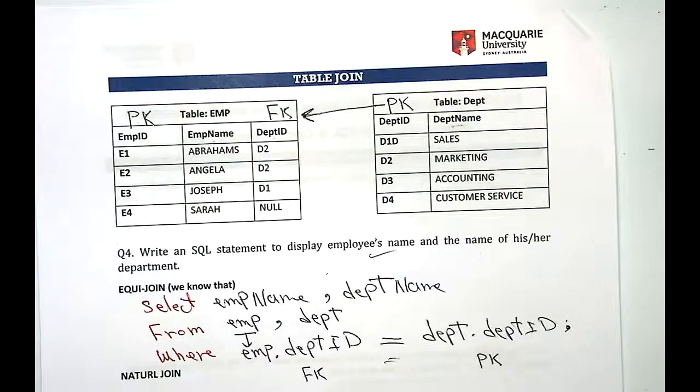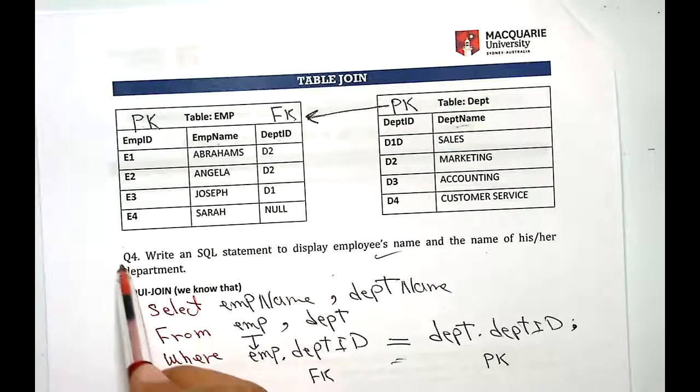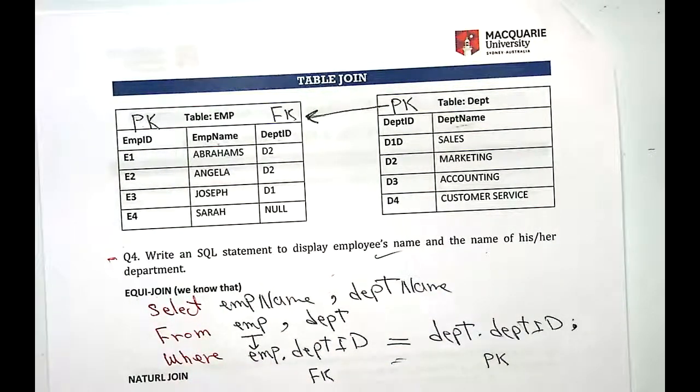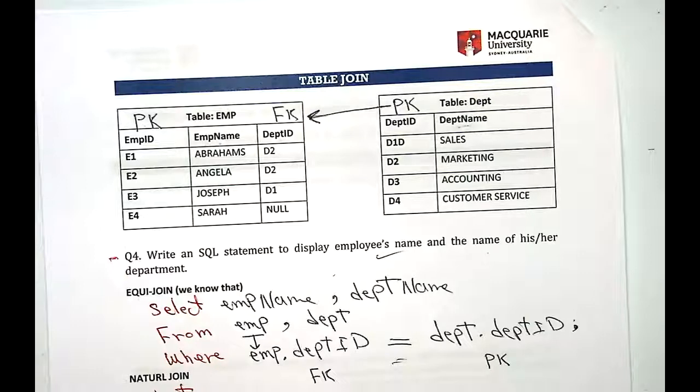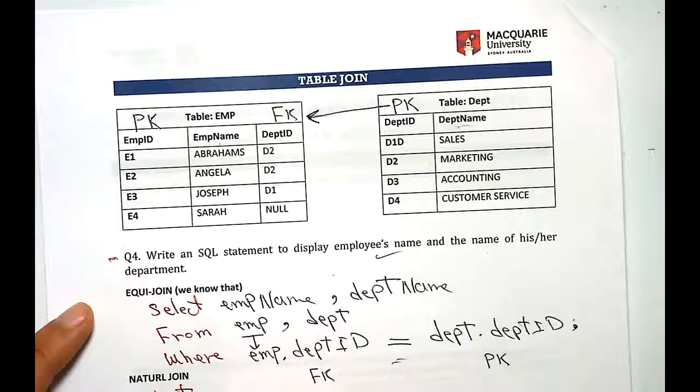So I will do the same query but using a different type of join. I'm going to select again emp name and dept name.